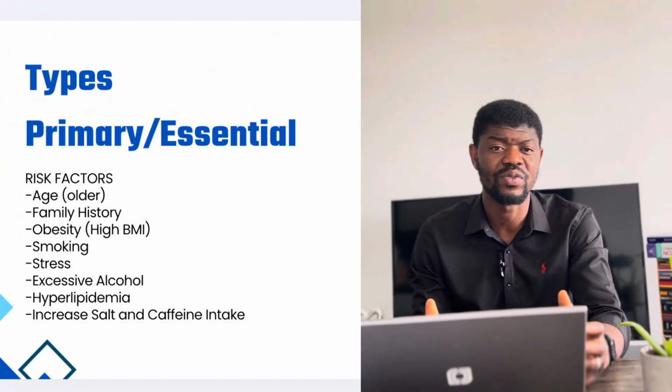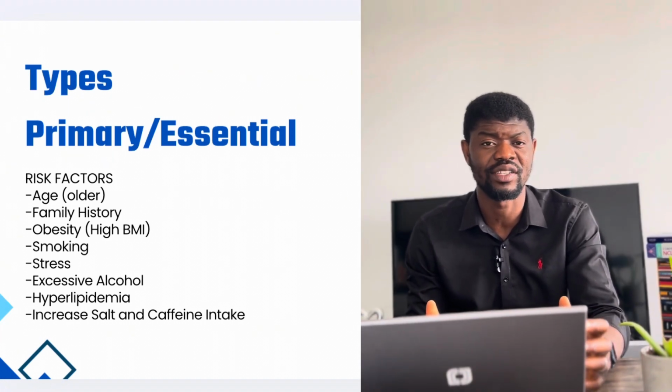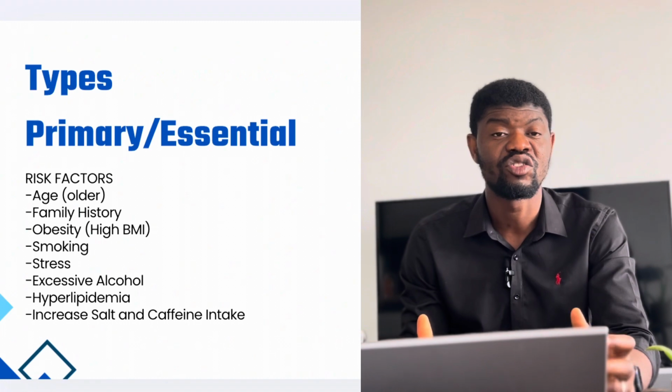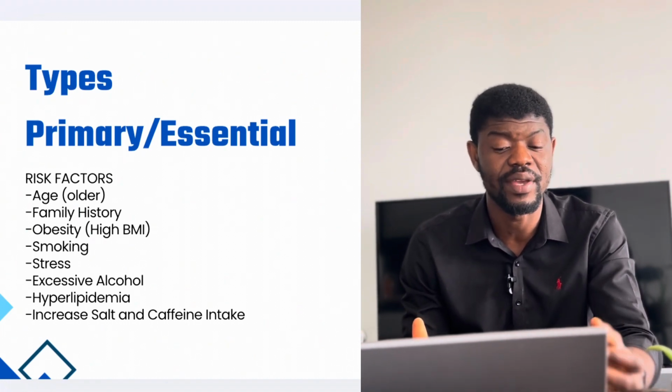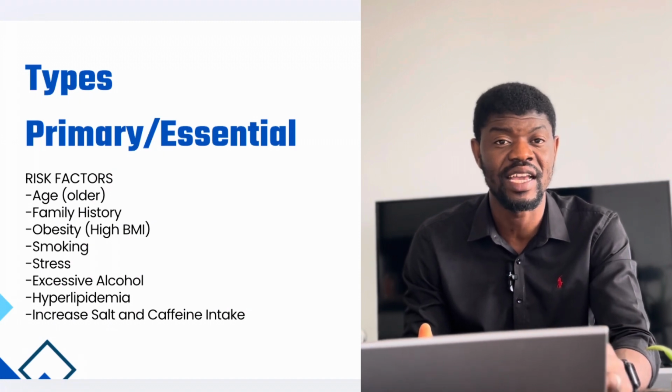Obesity, so individuals with high BMIs are also at risk of hypertension. Smoking, stress, excessive use of alcohol, hyperlipidemia, and increased salt and caffeine intake are usually risk factors that would cause one to get essential hypertension. So if your hypertension can be related to any of these risk factors, we say you've got essential hypertension.